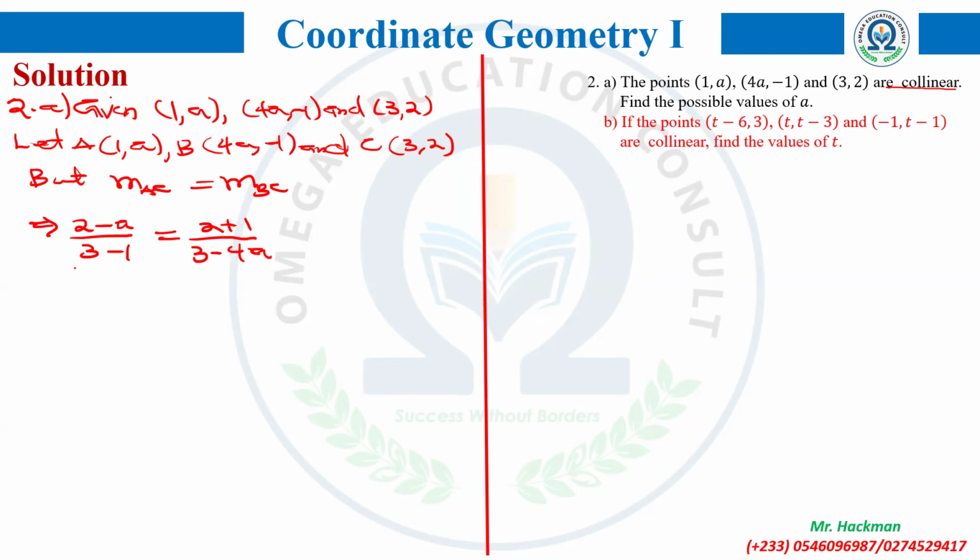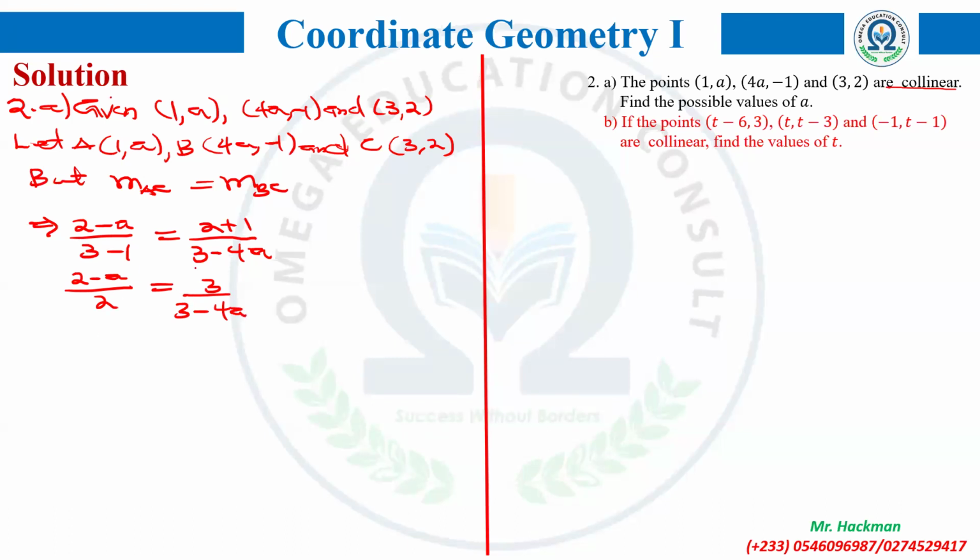Okay, so at this point, we know this fraction, the denominator can be simplified. So I won't cross multiply; any of them which needs simplification is simplified. So I will keep my numerator 2 minus a, all over my denominator, which gives me 2. It's equal to my numerator 2 plus 1, which gives me 3, all over my denominator, which is 3 minus 4a. So at this point, we can cross multiply.